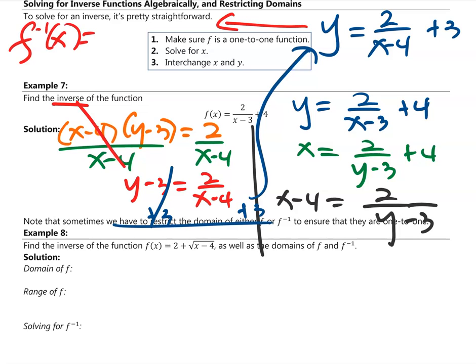So f inverse of x is 2 over x minus 4 plus 3. Okay, so again, look at what I did here.